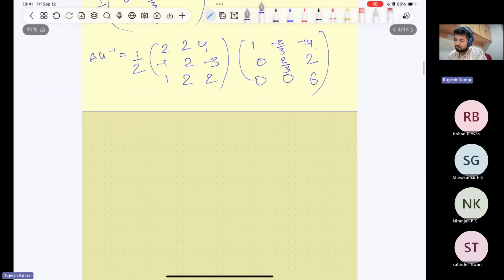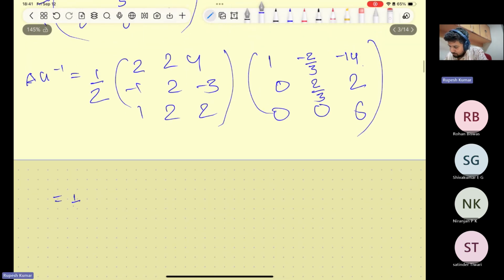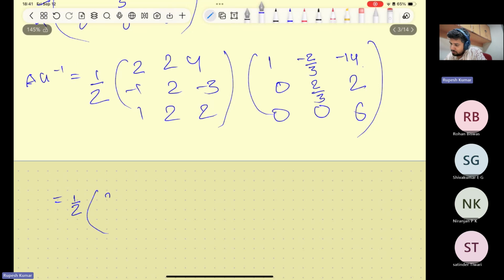Fine. So it will become 1 by 2 into this, which is essentially 2, this into this, which is essentially minus 4 by 3 plus 4 by 3, 0. This into this, which is minus 28 plus 4 plus 24, so 24 plus 4, 28, 0.